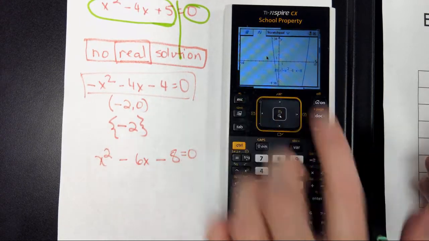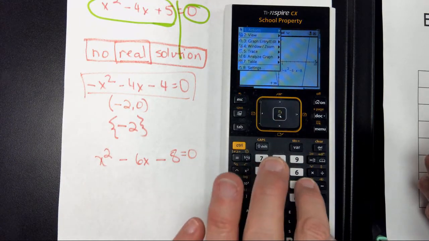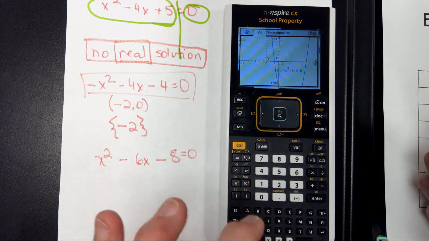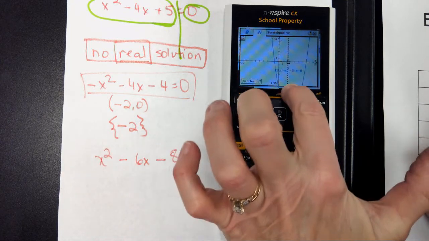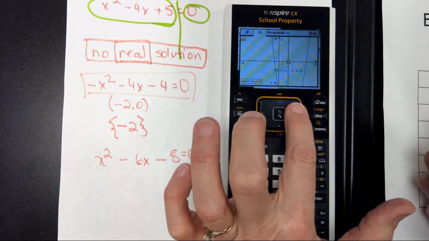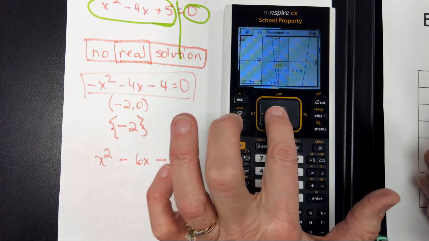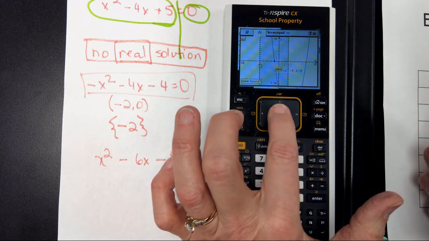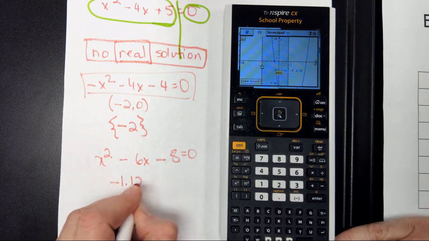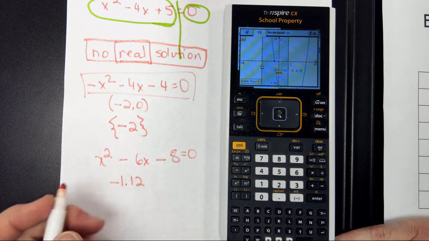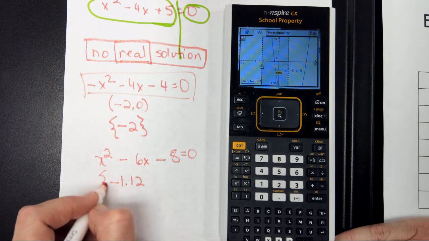Hits twice. So I'm going to go to Menu, Analyze, 0, and this is what I do when it hits twice. I put my little line in the center, and I drag it over here to the left, and I see that one of the zeros is at negative 1.12. Now, mind you, this is rounded, but that's okay, negative 1.12.